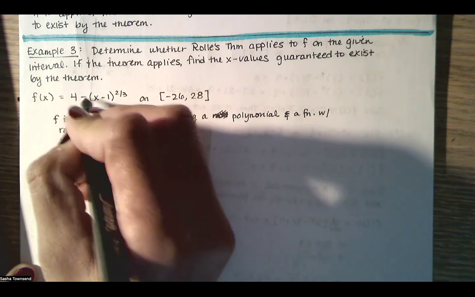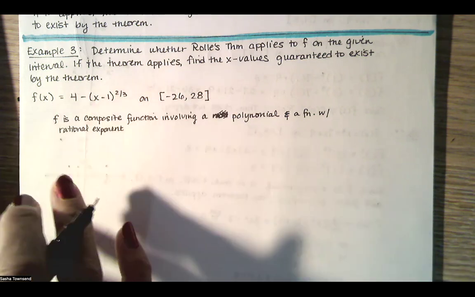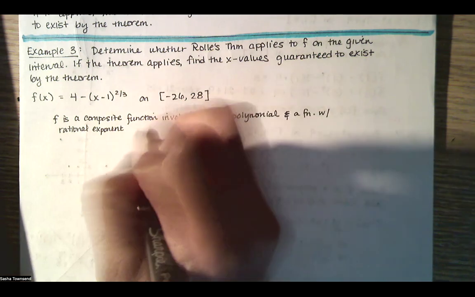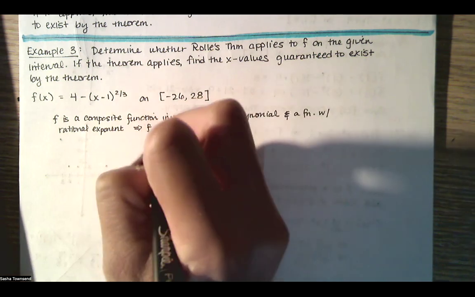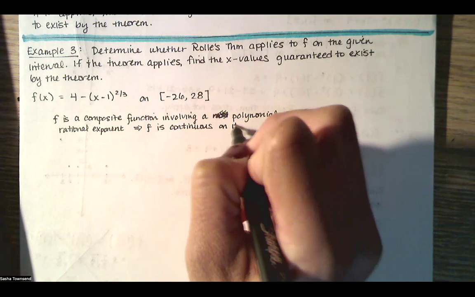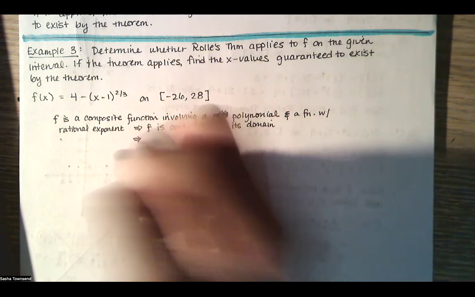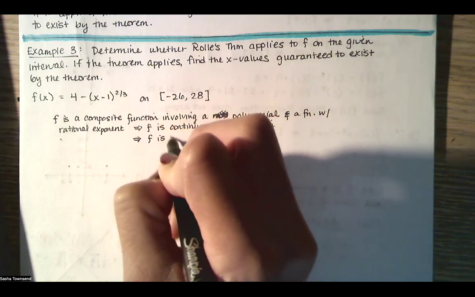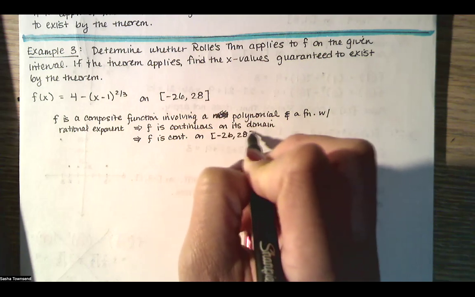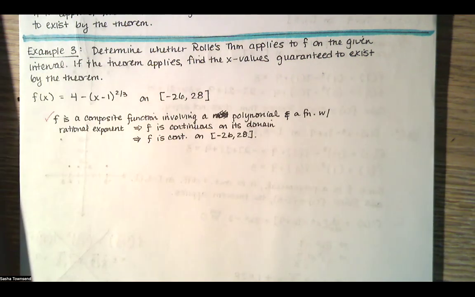Technically, we've multiplied it by -1 and added the 4 as well, so it's a sum of a composite function and that. But I think that's sufficient. That implies that f is continuous on its domain, and that implies that f is continuous on the interval of interest. Okay, so the first part of our theorem is satisfied. The function is continuous on the interval.